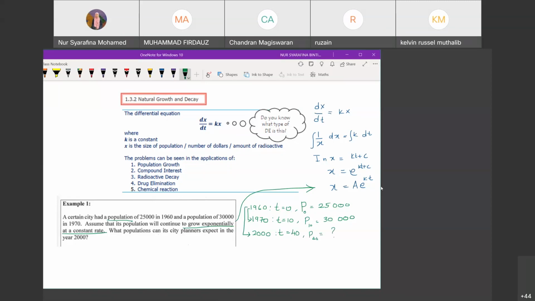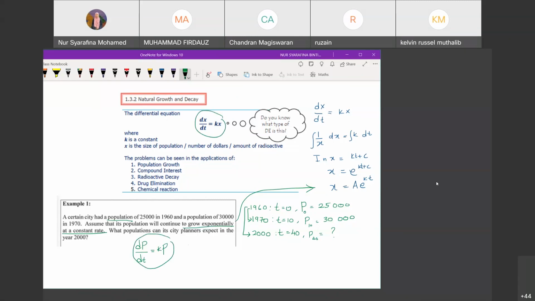By following the natural growth and decay model here, you know that the population changes with time at a constant rate. So same with this model, but just change the variable.